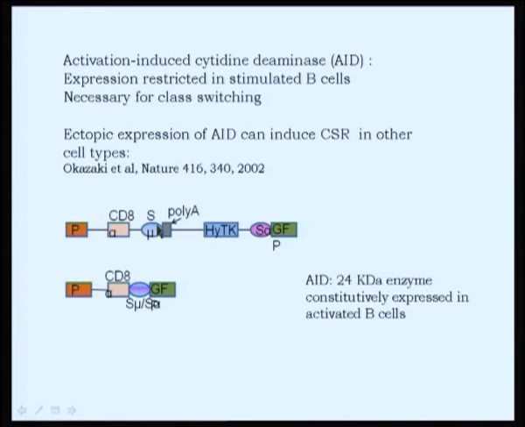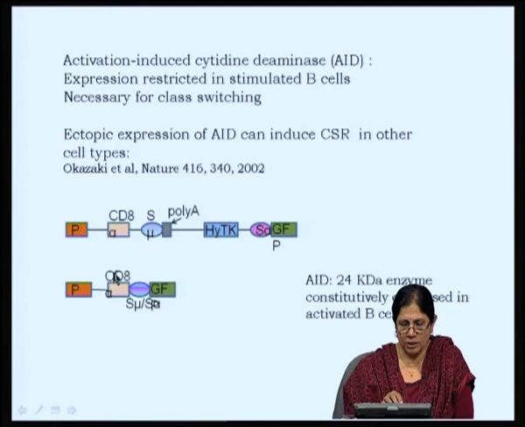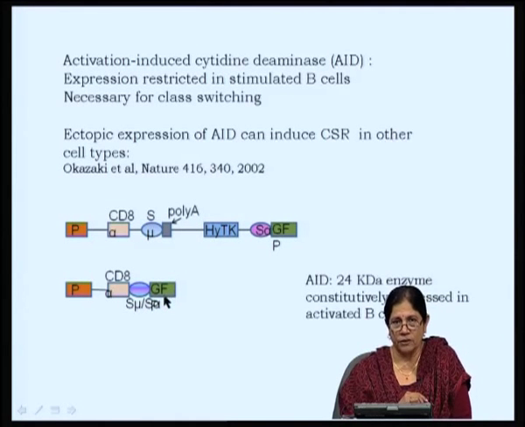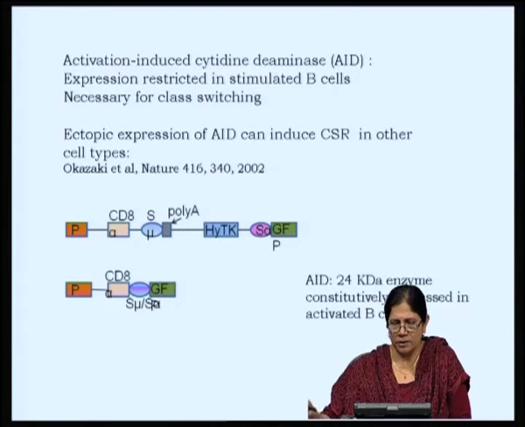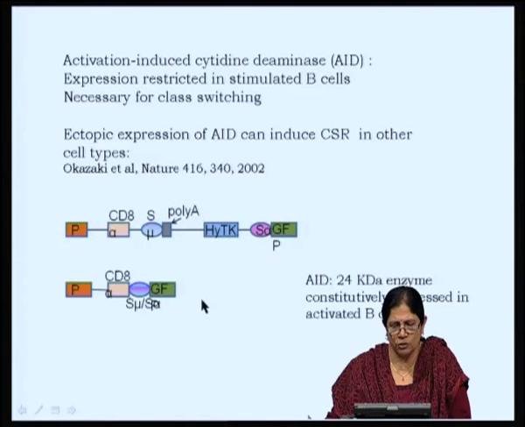The switch regions recombined because of the activation induced deaminase, and now the CD8 alpha chain fused with the GFP, and since this is a cell surface expressed protein, the cells that allowed class switching to take place also fluoresced green. This was a rather elegant experiment where AID was shown to induce class switching in a system where it does not normally take place.